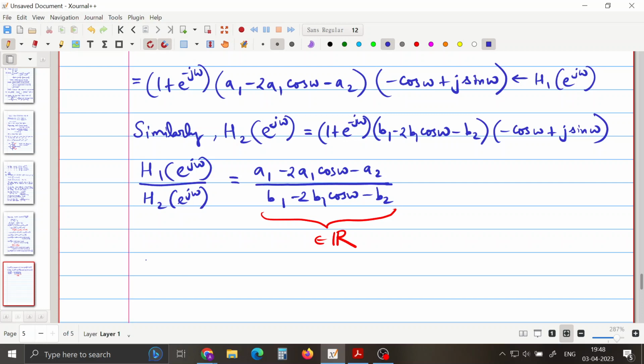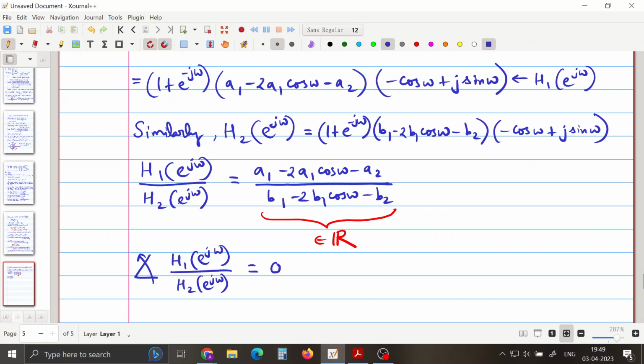So if I take the phase on both sides, the phase of h1 of e power j omega by h2 of e power j omega. Now what's the phase of the term on the right hand side? The phase of any real value is 0, right? It has no imaginary part, so it's tan inverse 0, basically it's 0.